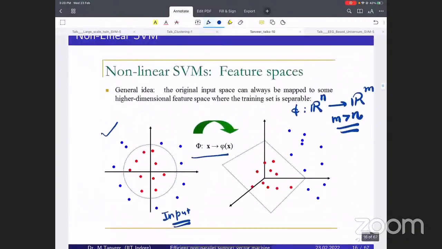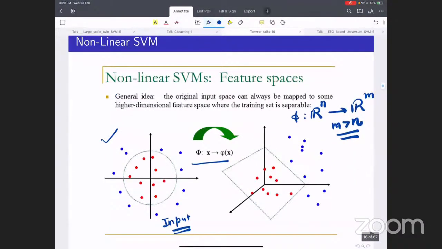So the point here is that we are mapping this input space to a high dimensional space. The essential idea is that we cannot and we do not need to know the nature of phi. You see the beauty of SVM here.